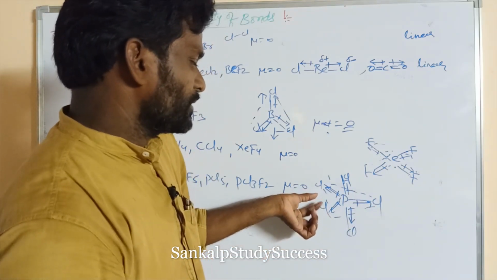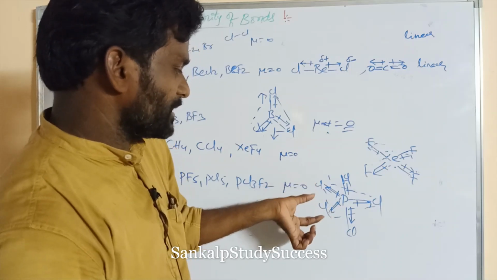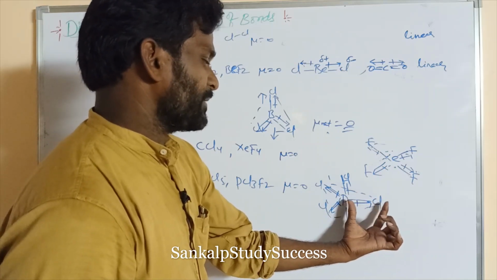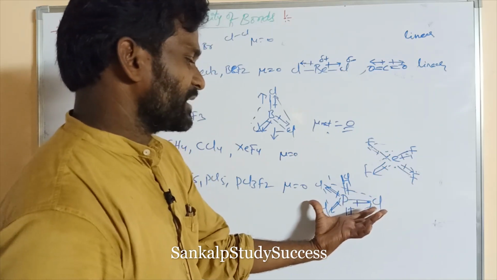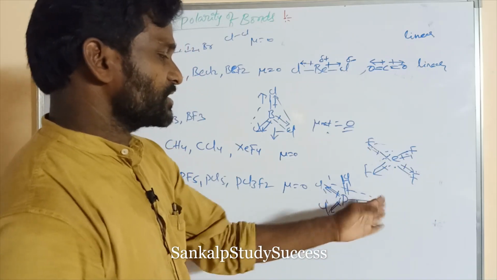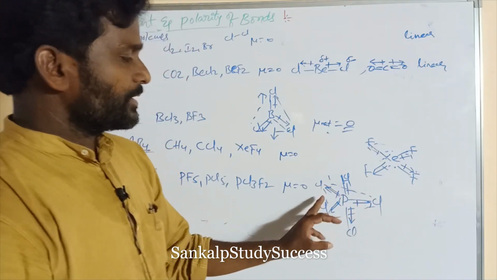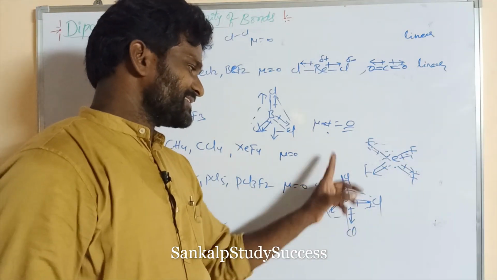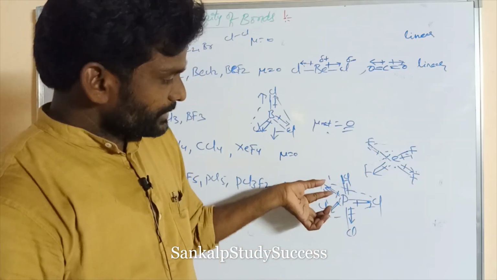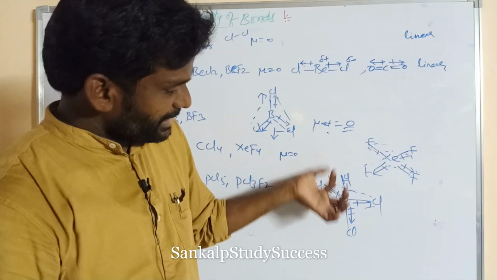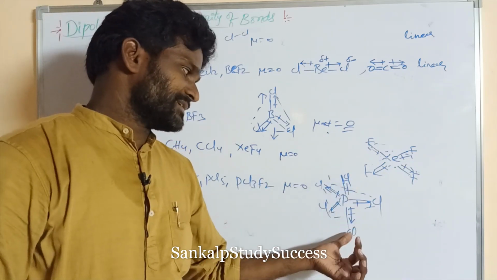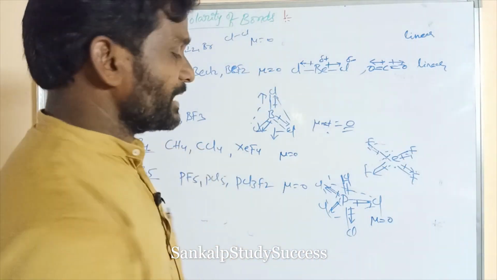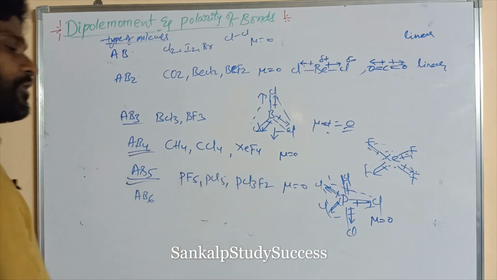So both are present in opposite directions and in one plane, and cancel each other. So its dipole moment is equal to 0, and this is the axial position. In axial positions, the dipole moments of the P-Cl bonds are the same and present in opposite directions, so these two cancel, and the net dipole moment mu is equal to 0. The net dipole moment of AB5 type molecules is 0.